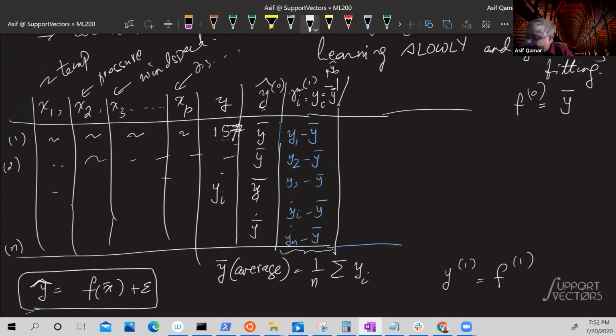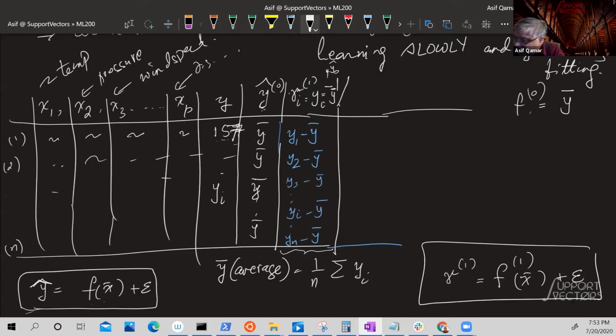So I'm saying that the first model that you built was just the average simple model. Now the f1 that you do, you train it on the residual one. Observe something very strange that I did.